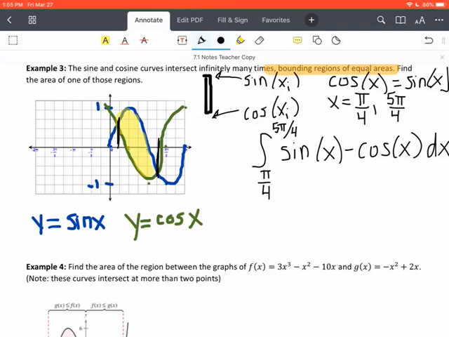Okay, so now from here, we can go ahead and look at the integral. Let's review integrals of sine and cosine. Integrating sine, we're thinking about, negative cosine of x would give us positive sine x if I found the derivative. So the integral of sine is negative cosine. And then the integral of negative cosine is going to be negative sine, sorry.